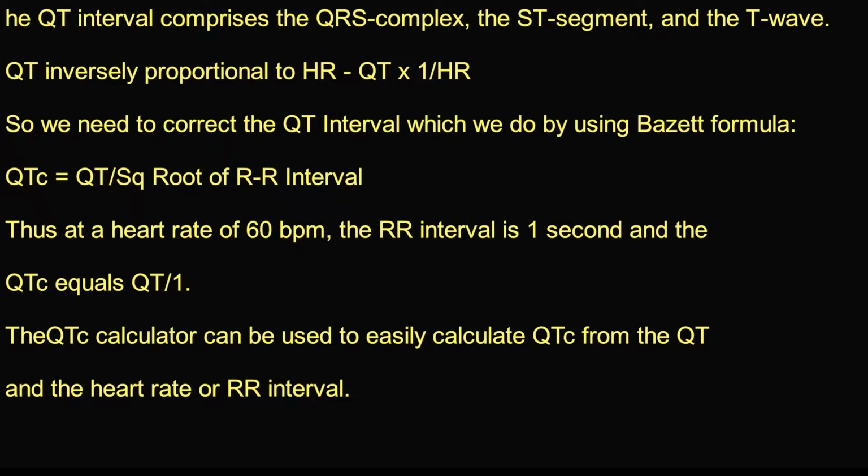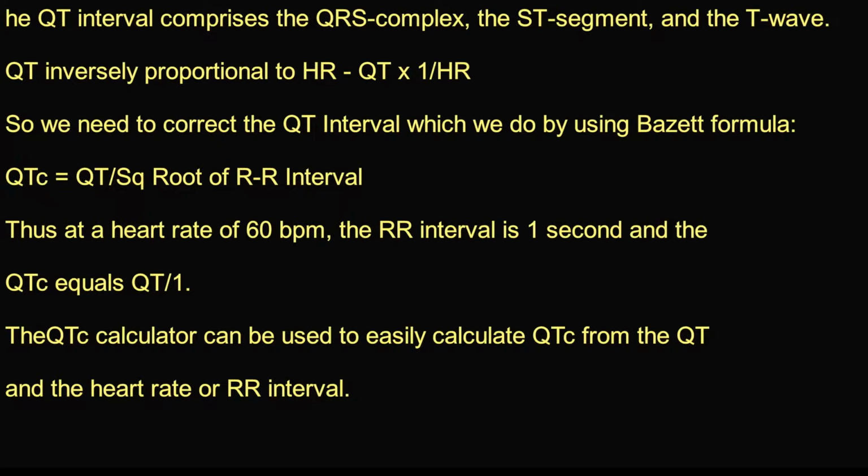For you to remember, if the heart rate is between 60 to 100, the QT interval should not be more than 2 big squares, 400 milliseconds. And if the heart rate is less than 60 or more than 100, then you have to use one of the formulas, and here we will be using Bazett's formula to get the corrected QT. So we call it QTc. QTc equals QT divided by the square root of the RR interval.